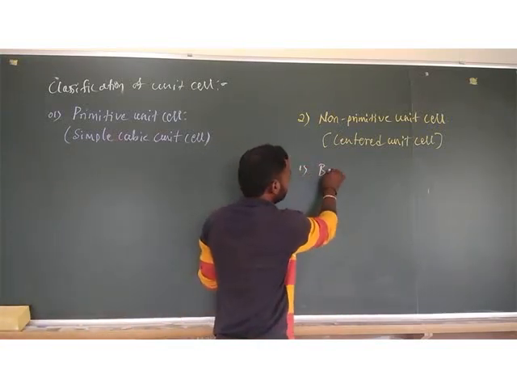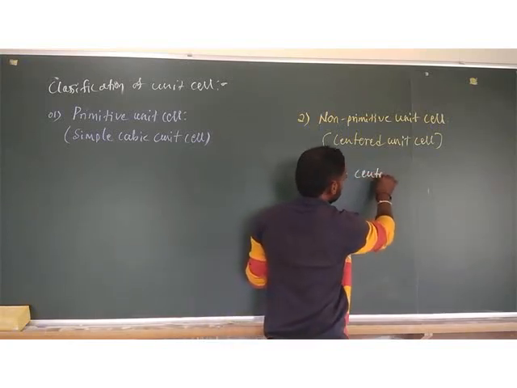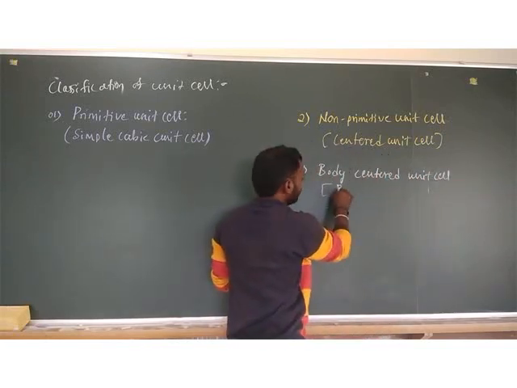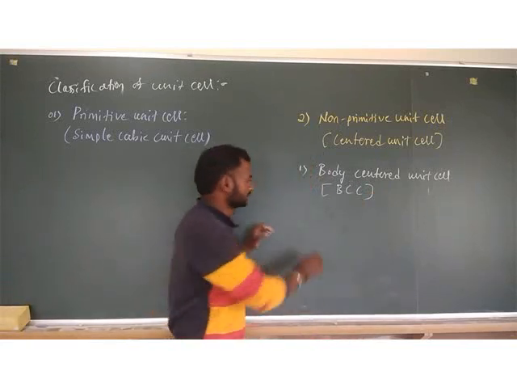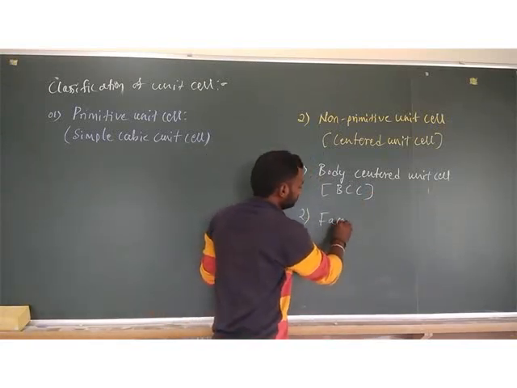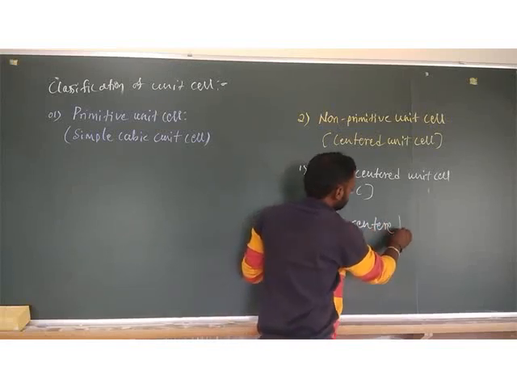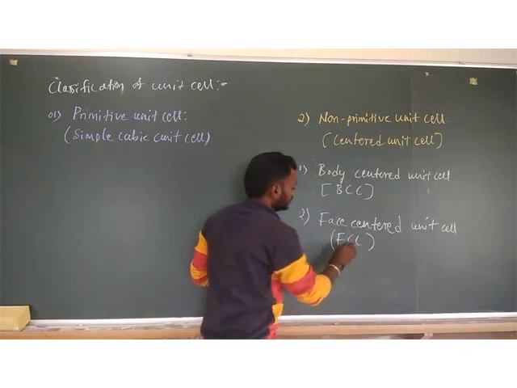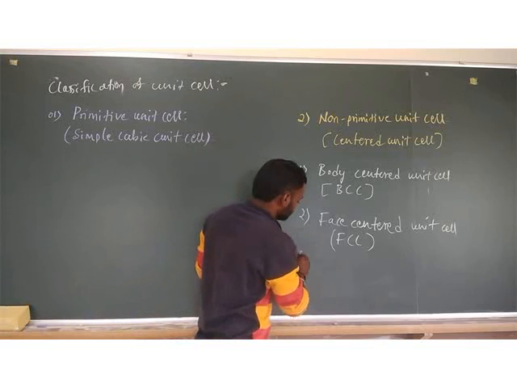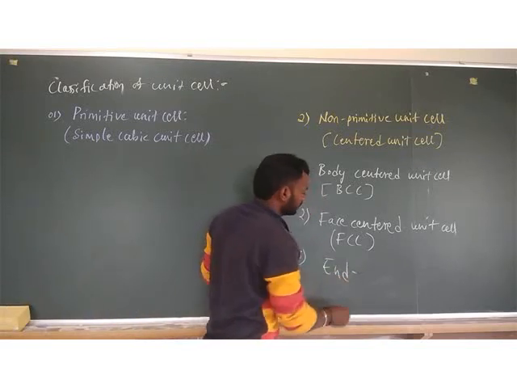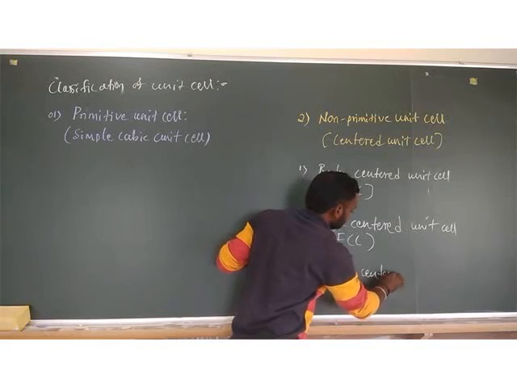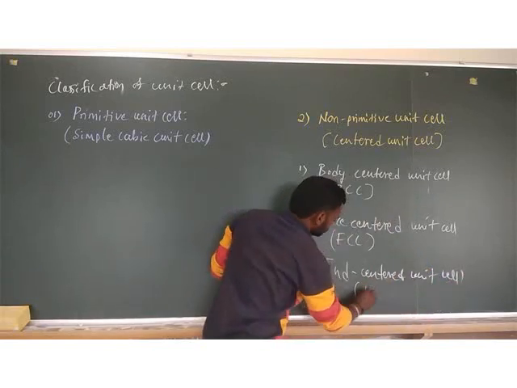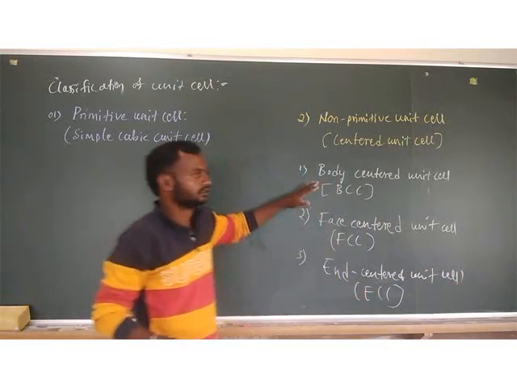One is the body centered unit cell, simply called BCC. The second one is the face centered unit cell, simply called FCC. The third one is the end centered unit cell or edge centered unit cell, simply called ECC.